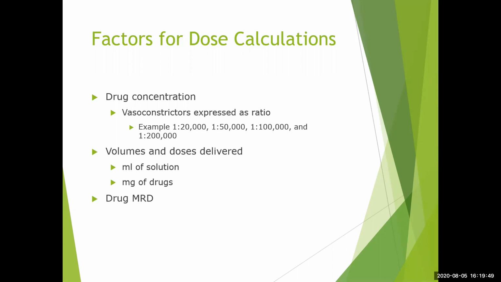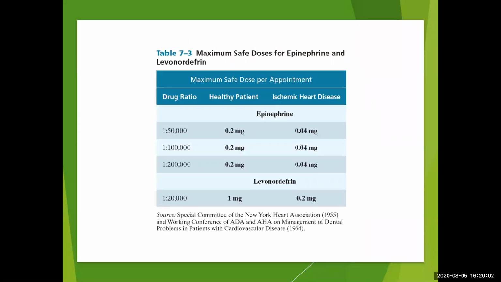Volumes and doses delivered: you have your solution in milliliters and your drugs expressed in milligrams. And then you have your drug MRD, or maximum recommended dose. Okay, so for vasoconstrictors, the MRDs are not based on weight like local anesthetics.